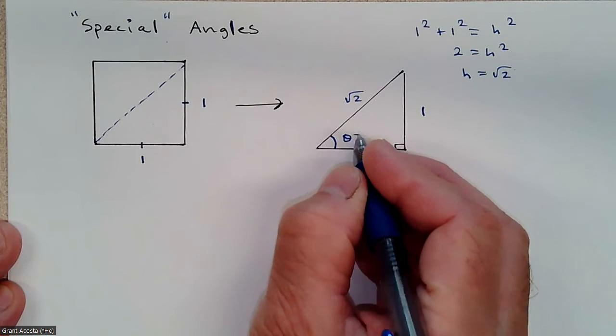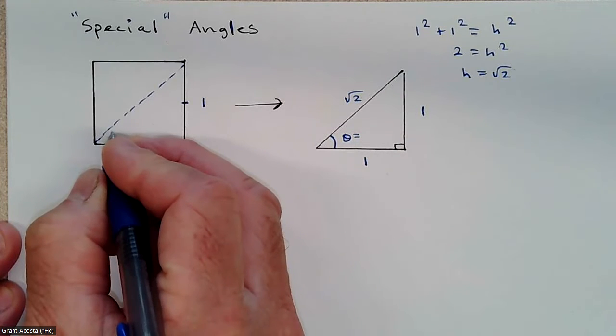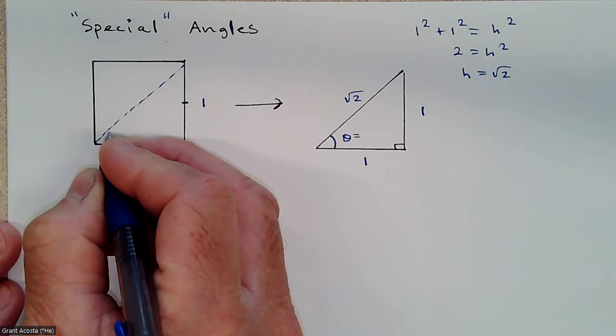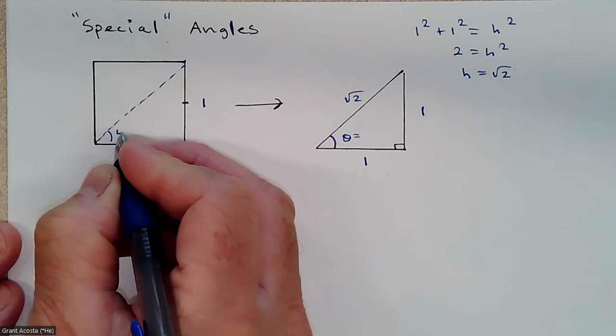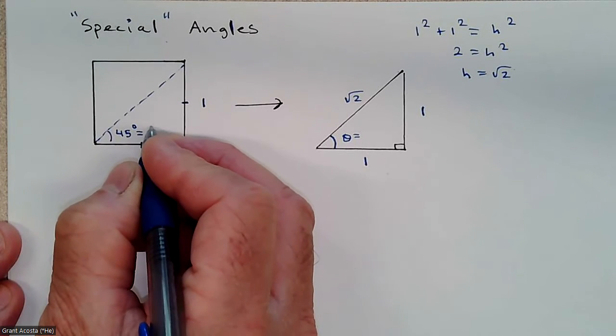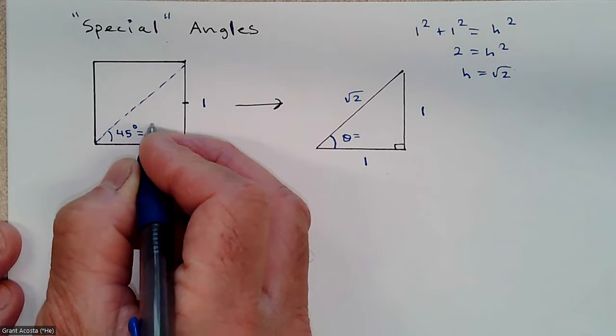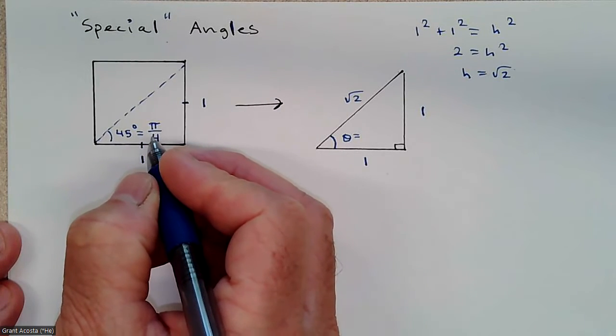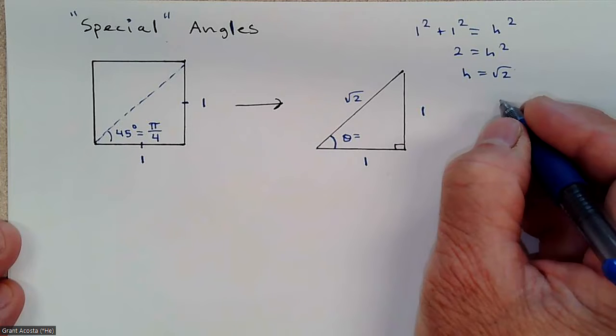And so if I want to find the sine, cosine, or tangent of, now what would this angle be? I forgot to mention, if this was originally 90, then this angle, when I cut a diagonal, would bisect it. It would be 45 degrees. In radians, 45 degrees is pi divided by 4. Remember how you can convert that.